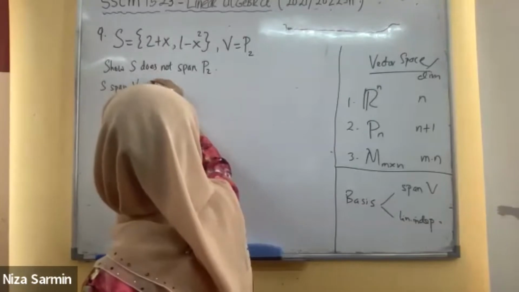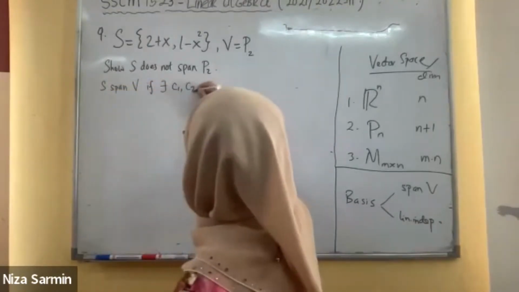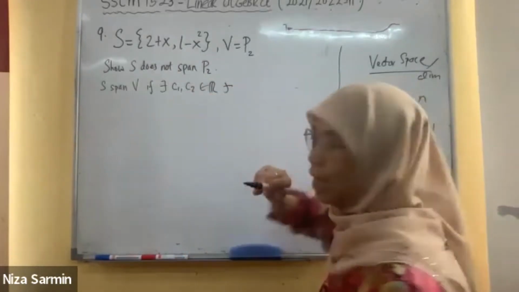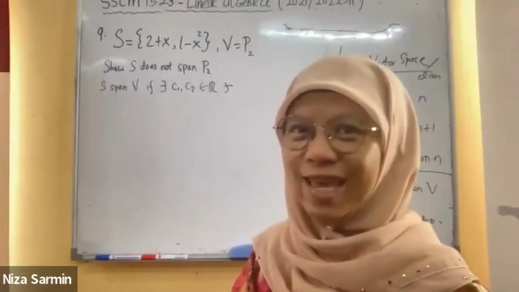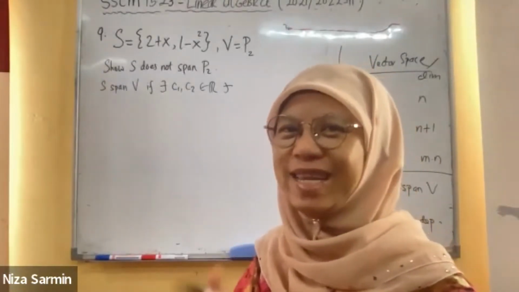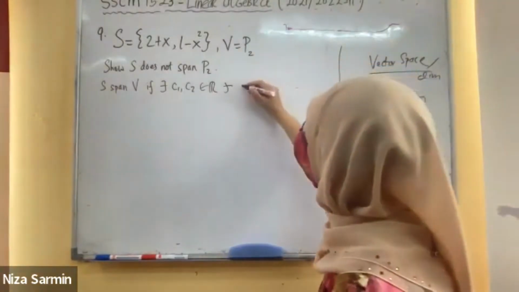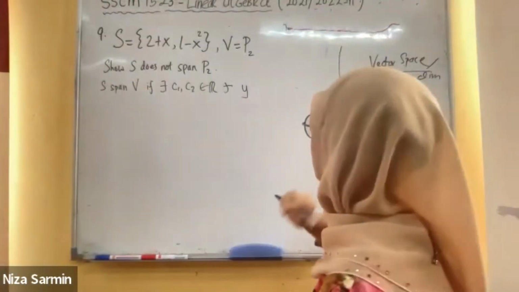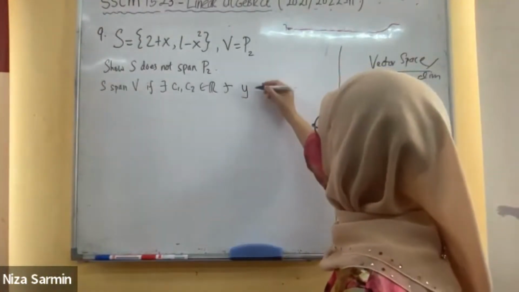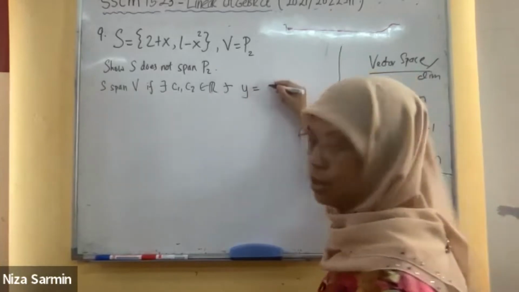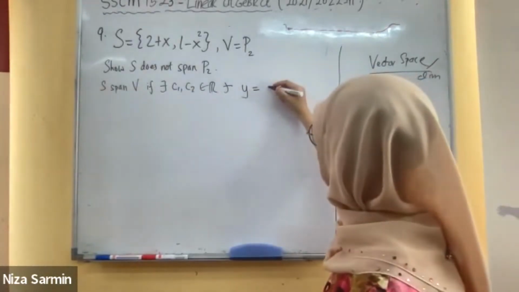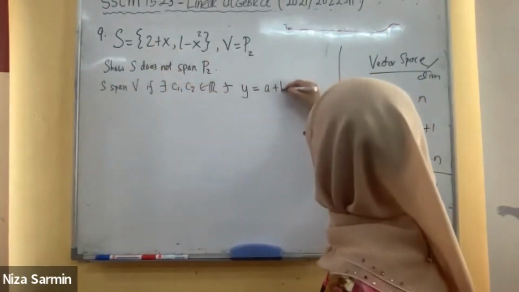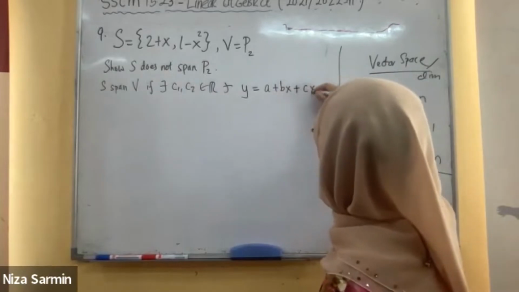V or P2 if there exist C1, C2 in R such that, what is the Y? This is another problem. For all Y in P2, let me do A, B, C: A plus bx plus cx squared.